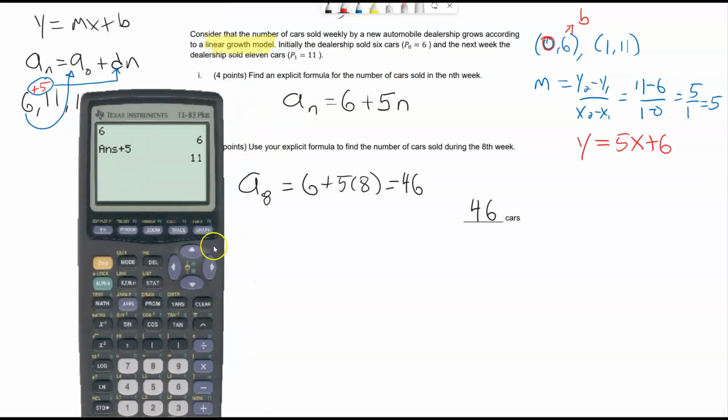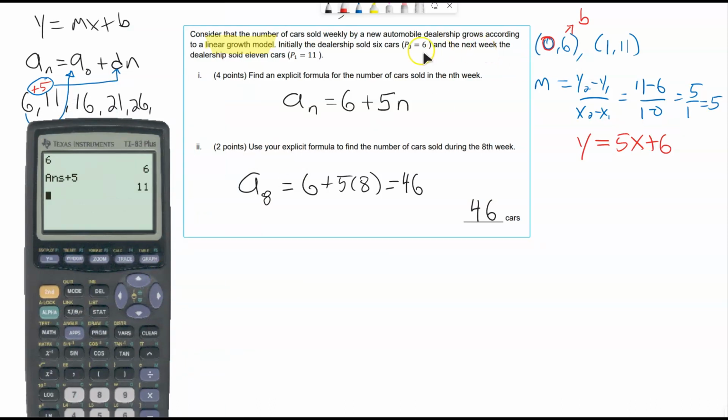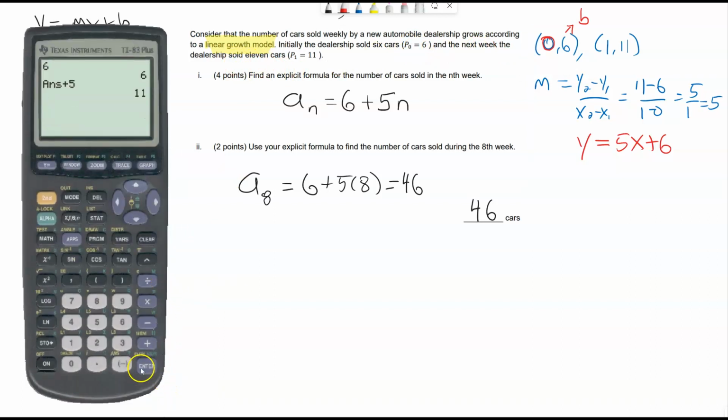That's your second one. So this would be week 0, week 1, week 2, week 3, week 4, week 5, week 6, week 7, week 8. There's our week 8. So by entering the first number in, and then doing answer plus the D value, you're creating a code in the calculator.